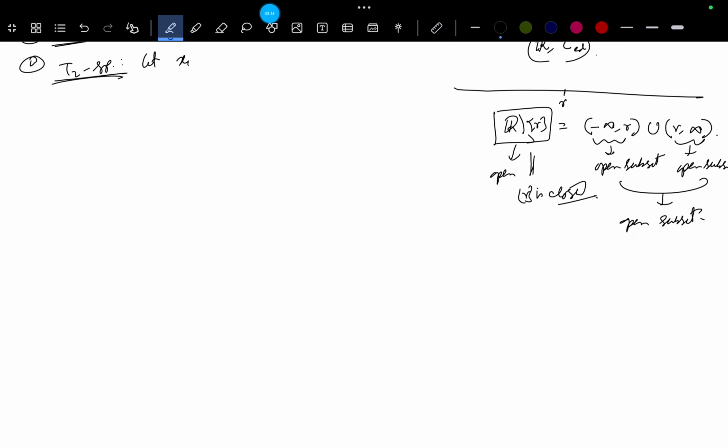So T3 space means let x belonging to capital X be a point and V a subset of X be a non-empty closed subset.